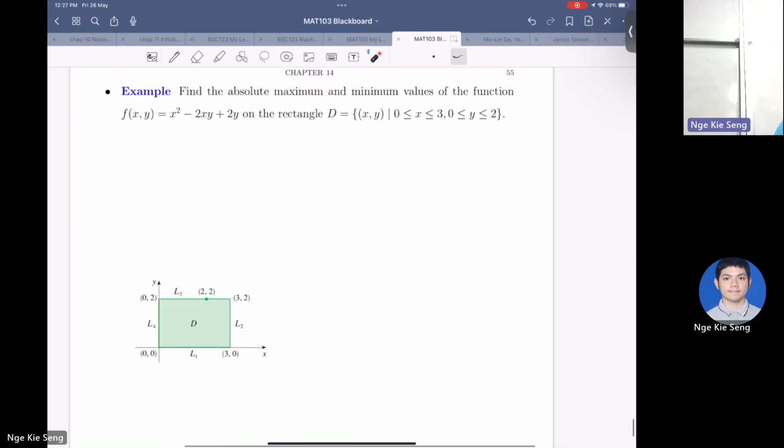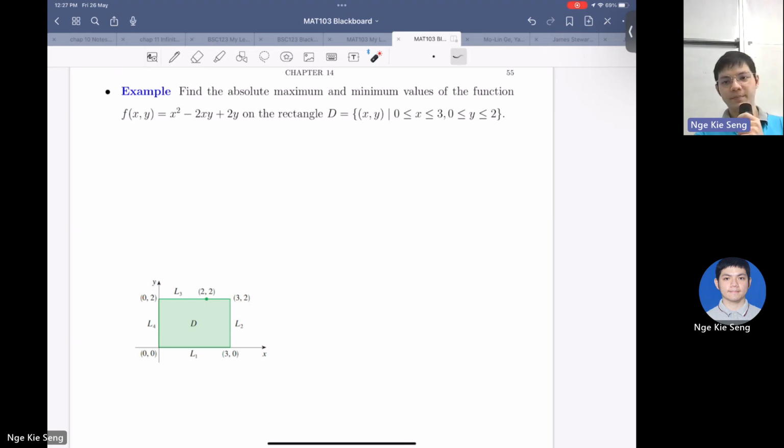So let's try and find the absolute maximum and minimum value of the function x squared minus 2xy plus 2y, on the rectangle D. So this domain is a rectangle.